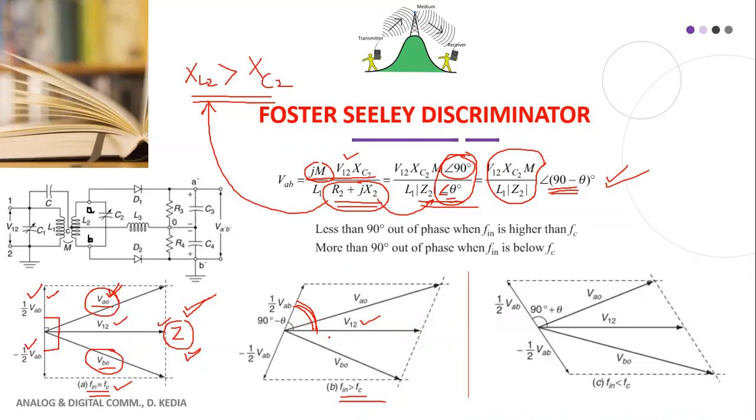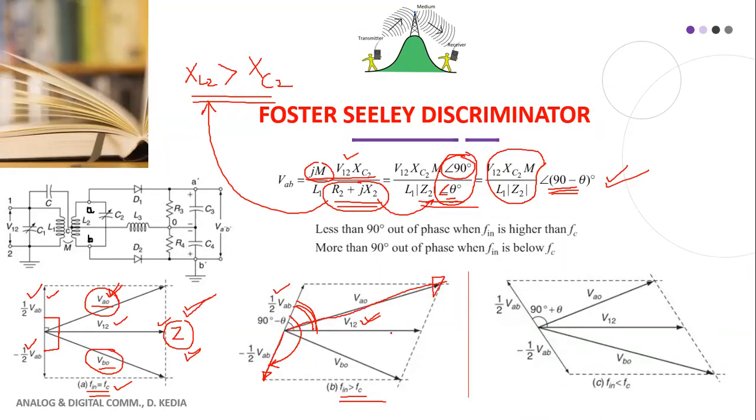Since this is 90 minus theta, this is minus half VAB, that is the reverse of that, so it will come in a 180-degree line with this. If you take the resultant of V12 and half of VAB at angle 90 minus theta, the resultant will come out like this, VAO.